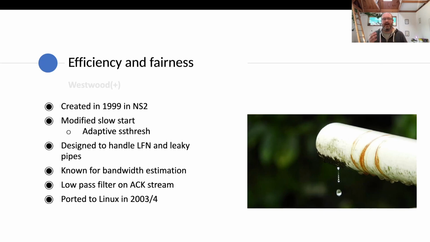It was designed to handle long fat networks and leaky pipes. It's known as bandwidth estimation, and it added a low pass filter on the ACK stream. It was ported to Linux a few years later, around 2003, 2004, and it was implemented as Westwood Plus, which had a few enhancements over the original Westwood implementation.